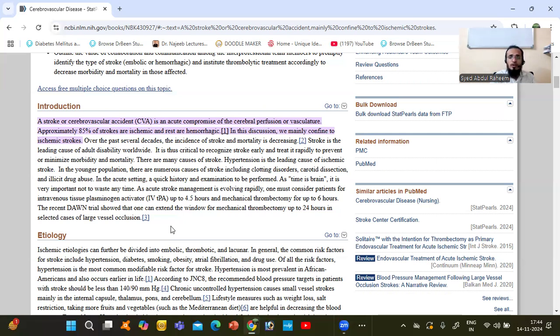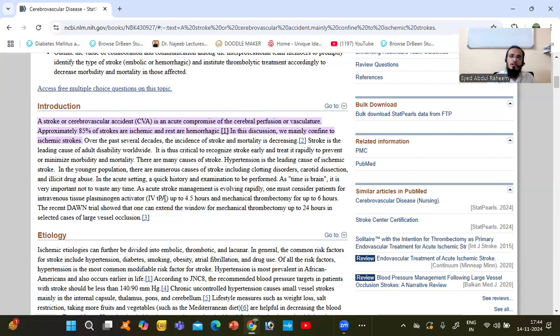So in allopathy, what will they consider to reduce the risk of stroke, to reduce the morbidity, mortality rate, death rate, and the lifestyle modification? So what will they do? They will give intravenous tissue plasminogen activator.